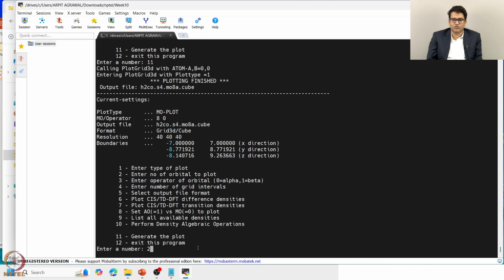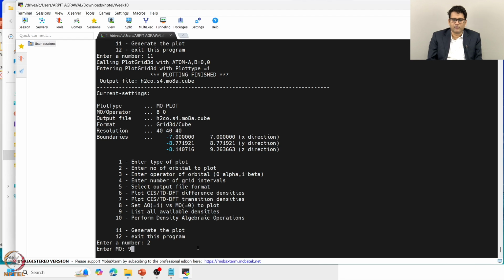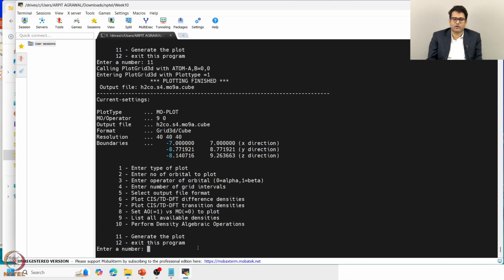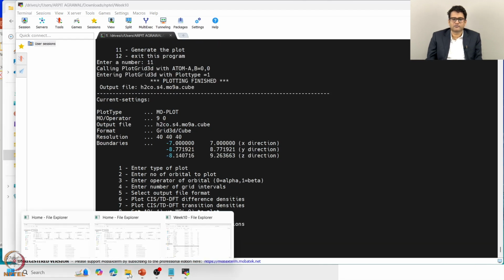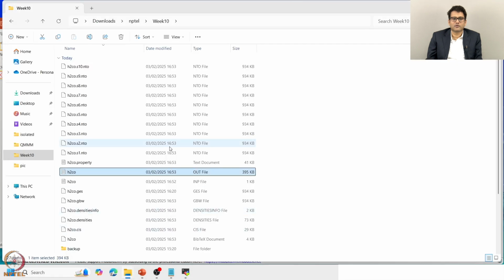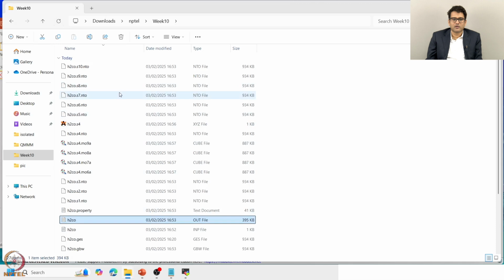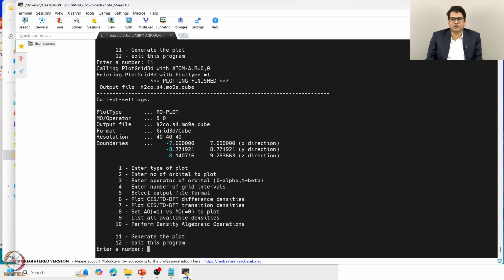Again I go to the orbital number option 2, now plot orbital 9, and generate the plot. Make sure that all the cube files are generated. In this case, the A means alpha, but I am working on a closed shell molecule, so alpha and beta should not matter. Now, I can exit the program.